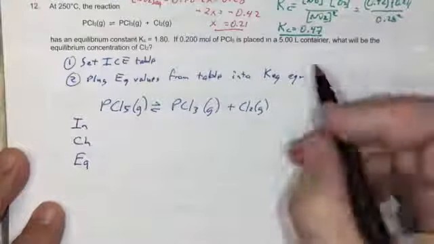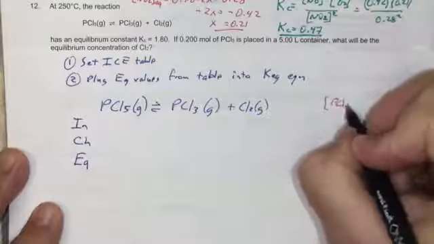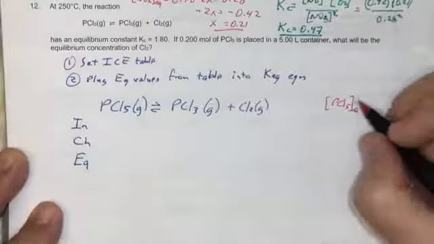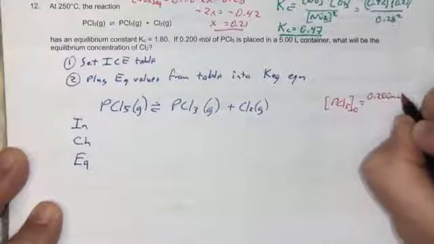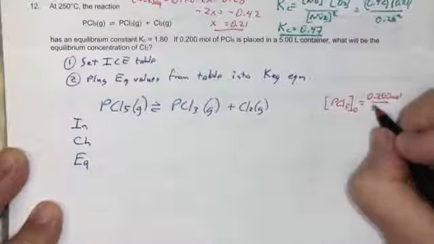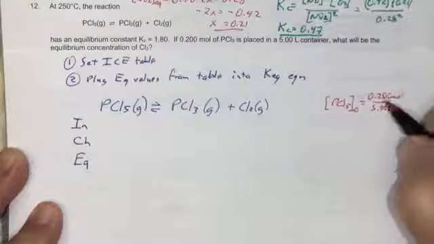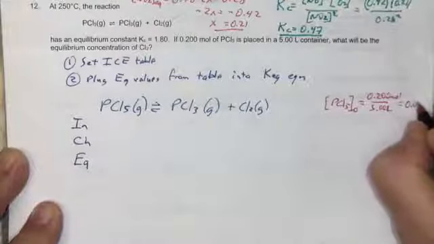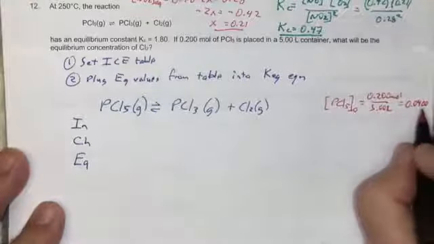The initial concentration of PCl5, with a subscript 0 meaning at time t equals 0, is equal to 0.2 moles divided by 5 liters, because concentration is moles per liter, and that calculates out to be 0.0400 molar. That's the initial concentration.